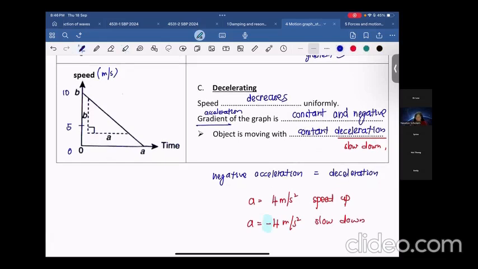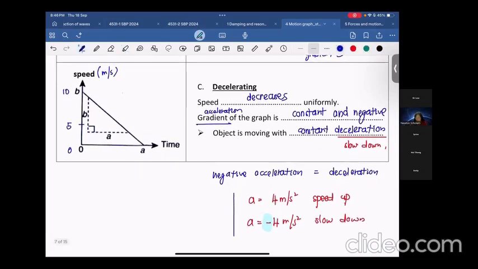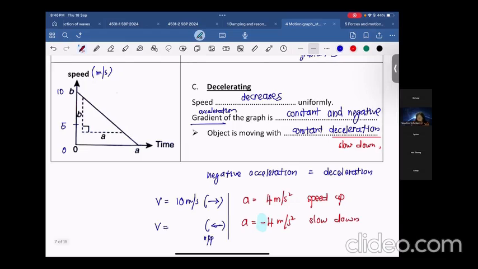At the same time, I can give you an idea like this. We know that velocity also has direction. If velocity is 10 meter per second, it means it is moving to the right, in one direction. If it moves in the opposite direction, we should put a negative for it.